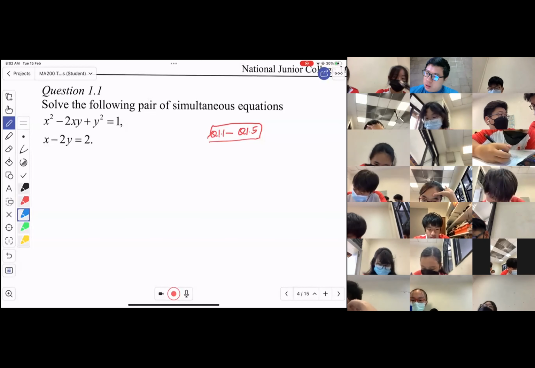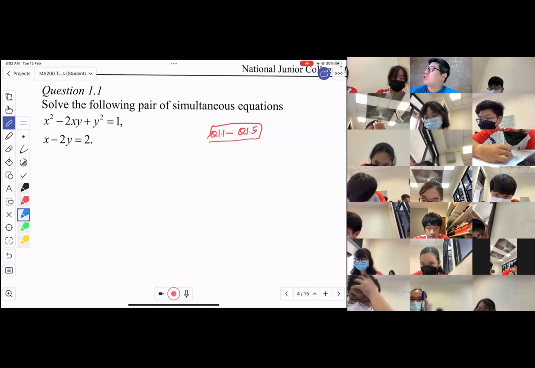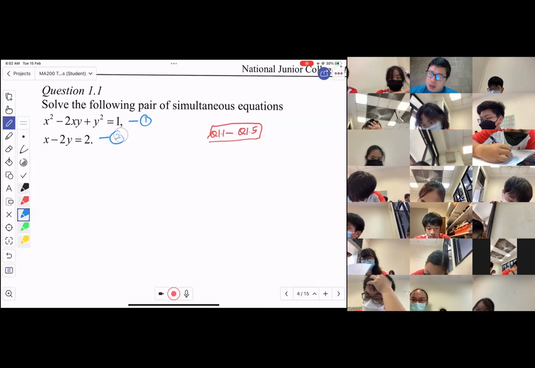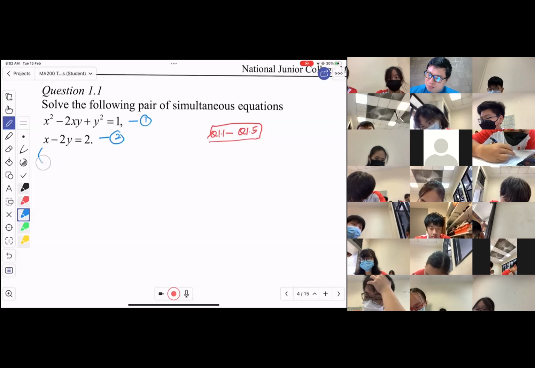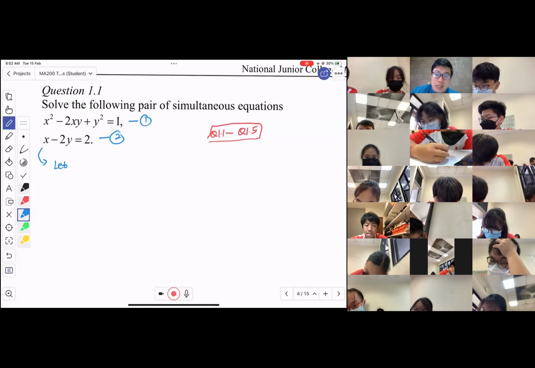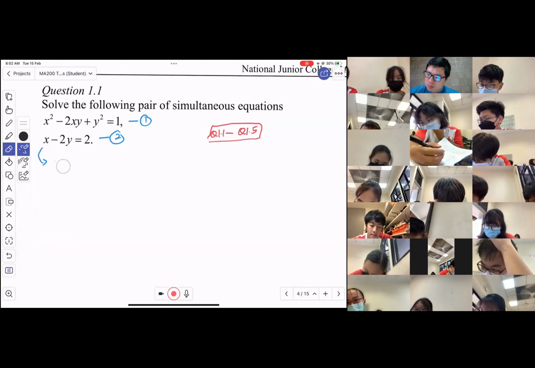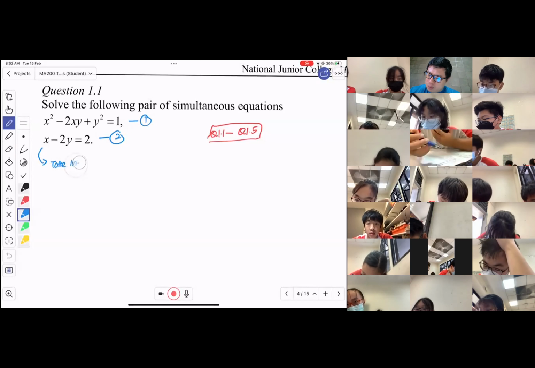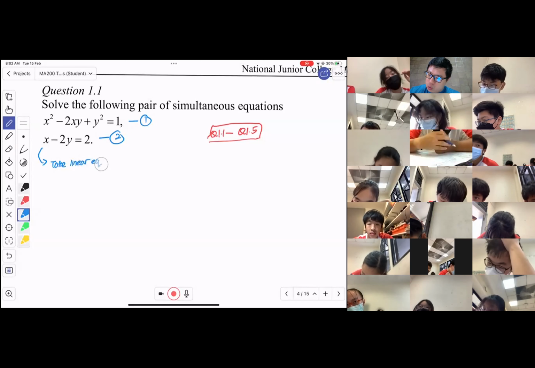For question 1.1, you can solve by substitution. Perhaps you take one of the equations. Usually we take the linear one, which in this case is equation 2.